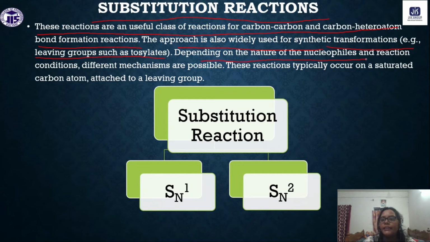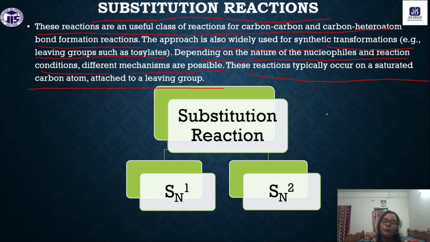Depending on the nature of the nucleophile and the reaction conditions, different mechanisms are possible, and these reactions typically occur on a saturated carbon attached to a leaving group. In a substitution reaction, a nucleophile attacks a molecule and substitutes another group. These substitution reactions can follow different mechanisms.